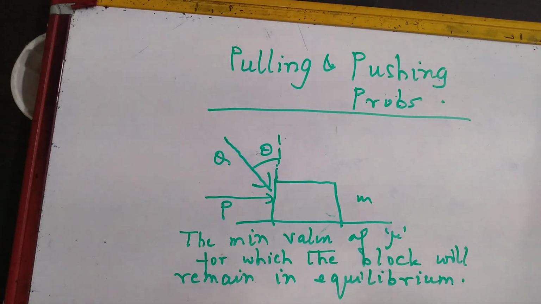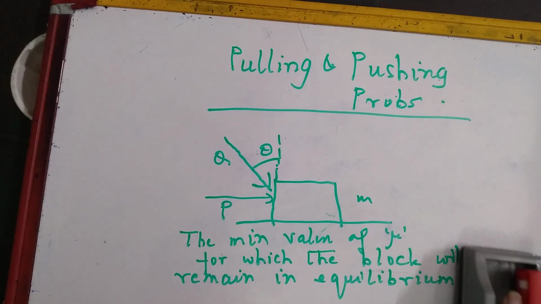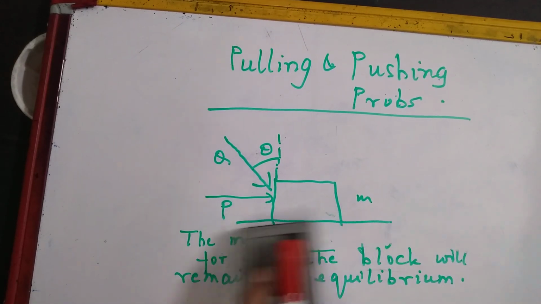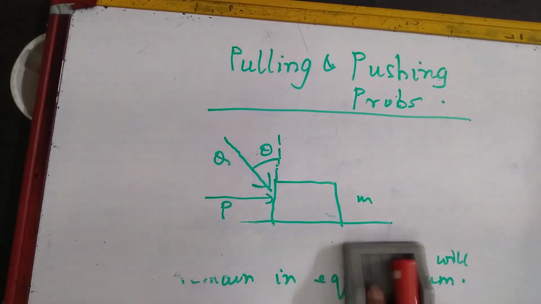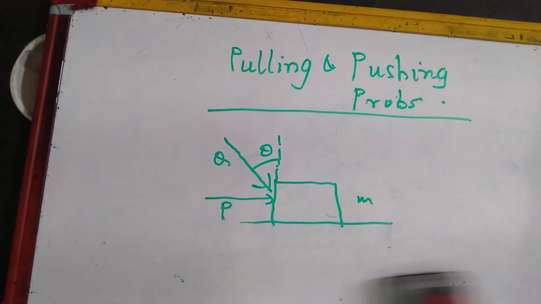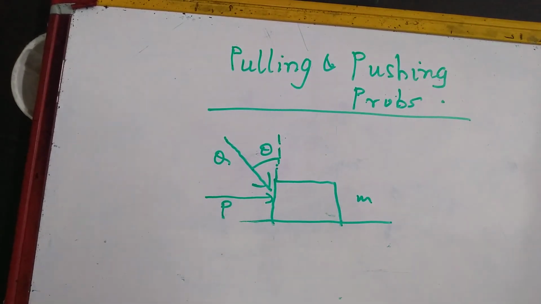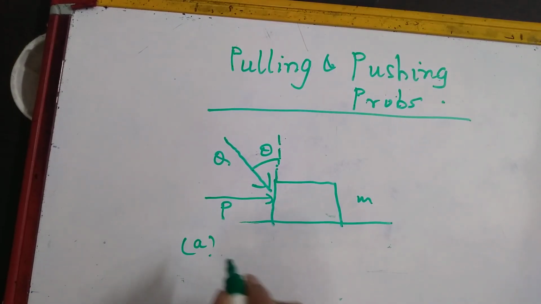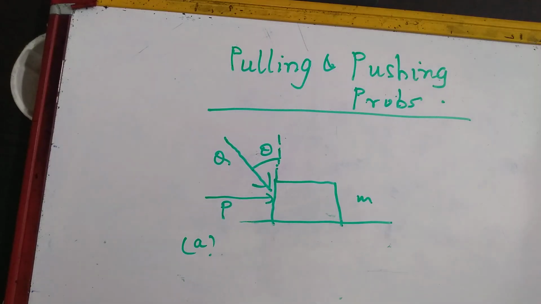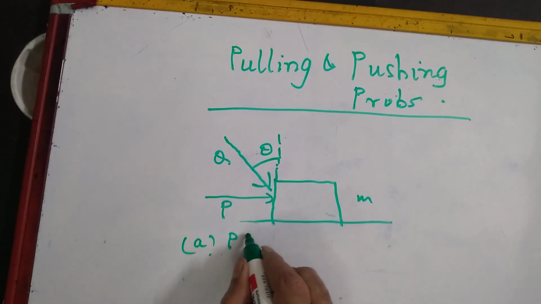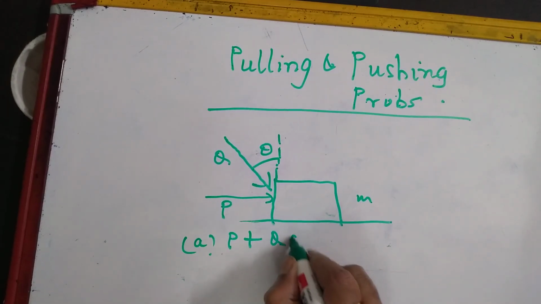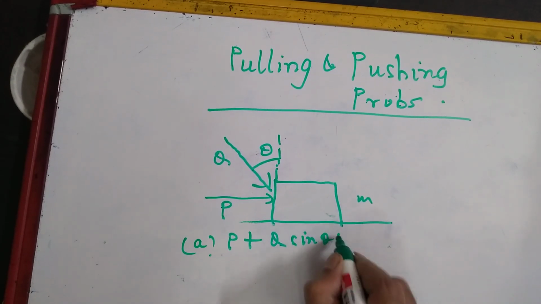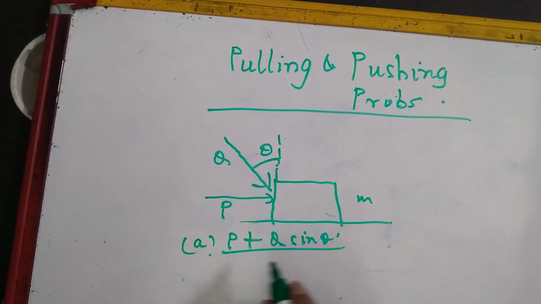And the options are: A, P plus Q sin theta by mg plus Q cos theta.